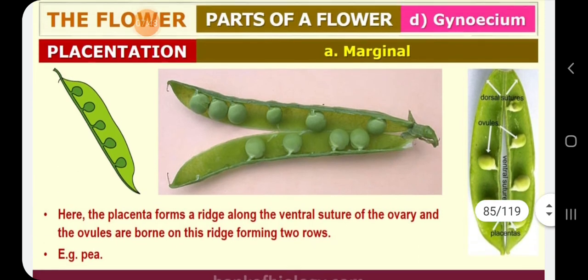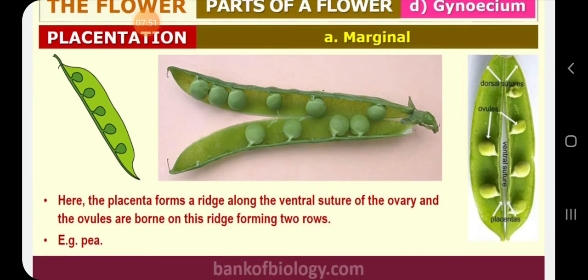We will talk about them one by one. In marginal placentation, the placenta forms a ridge along the ventral suture of the ovary, and the ovules are borne at the ridge at the margin in two rows, as in the pea plant.